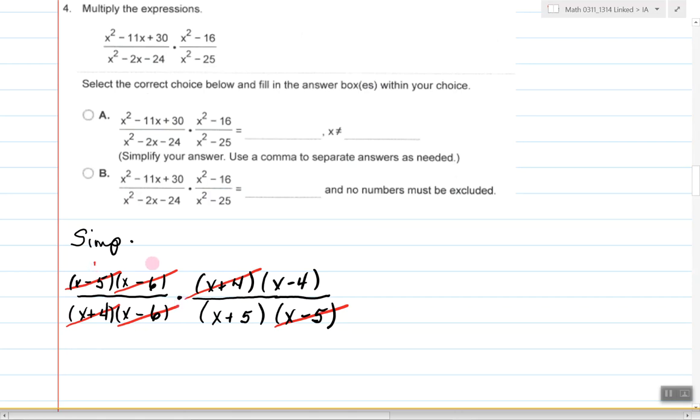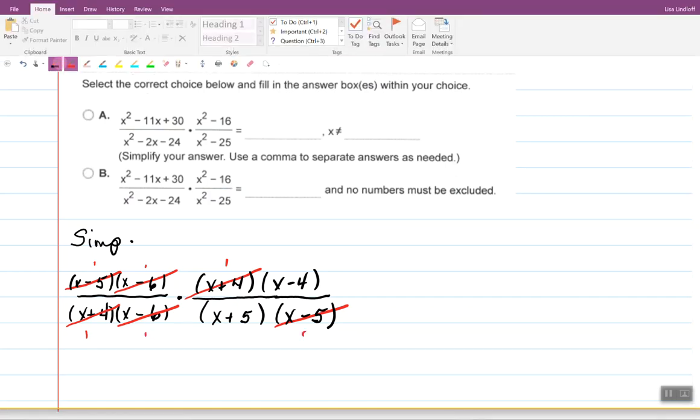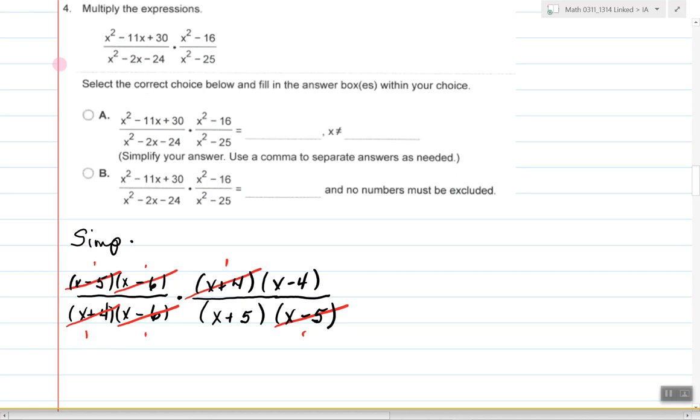Remember that all of these leave little ones, and when you multiply what you have left, and you're just going to show it as a product, in the numerator you have x minus 4. In the denominator, you have x plus 5. You can leave those with or without parentheses. Now I did this one in a slightly different order because I have been doing the domain exclusions first, and it doesn't matter.